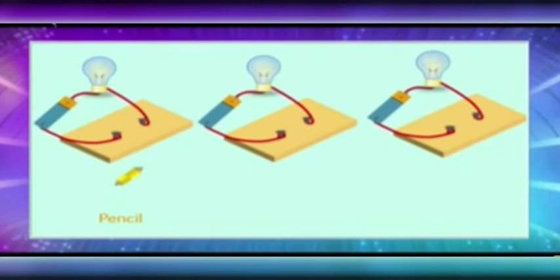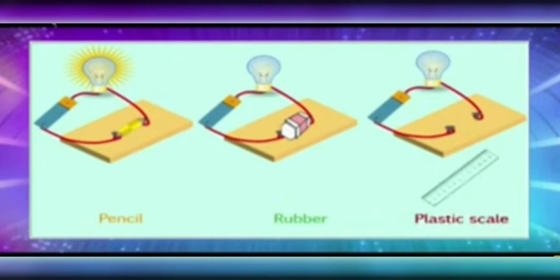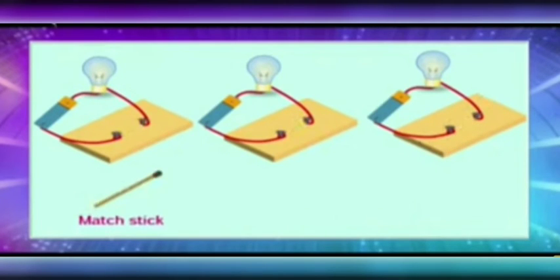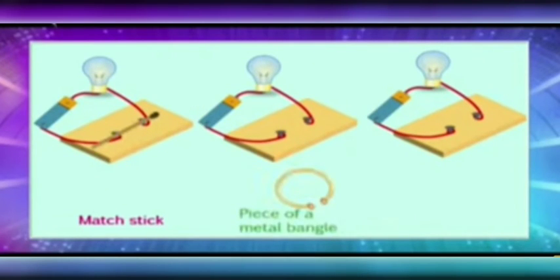Record your observations in the table for each case. Pencil: bulb glows. Rubber: bulb does not glow. Plastic scale: bulb does not glow. Matchstick: bulb does not glow. Piece of a metal bangle: bulb glows.